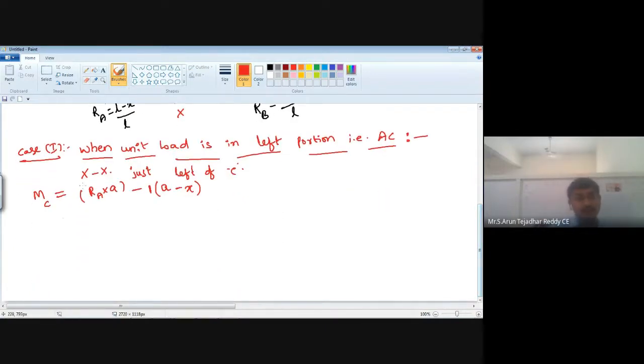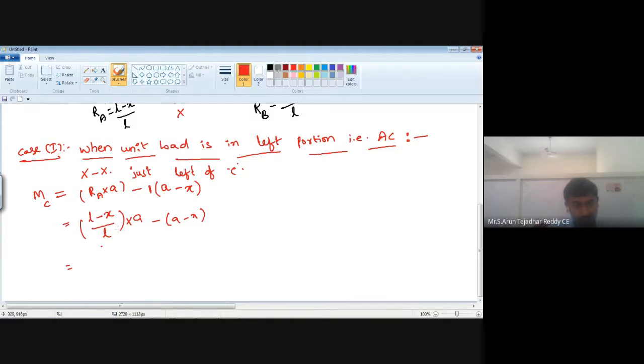Now, already we know that RA value is L minus X by L into A. This is RA into A minus (A minus X).